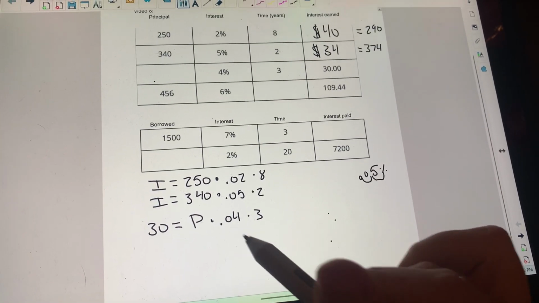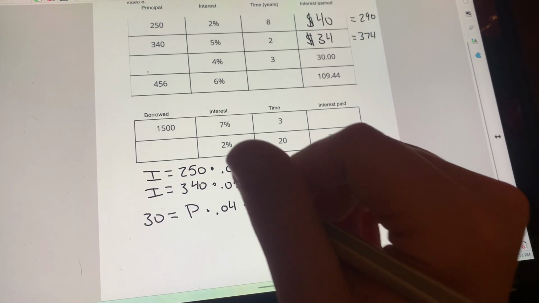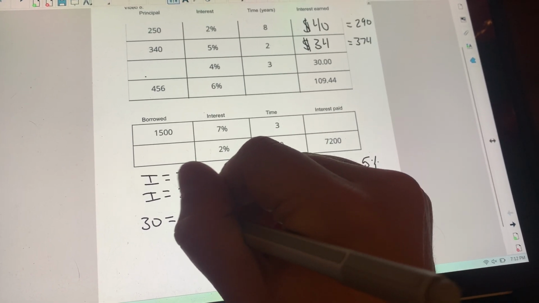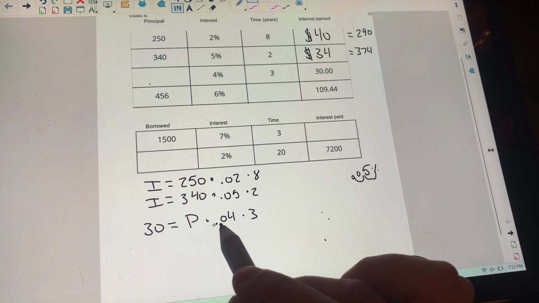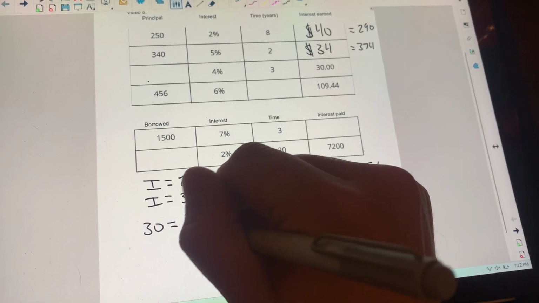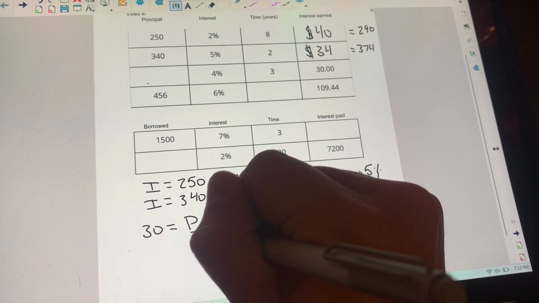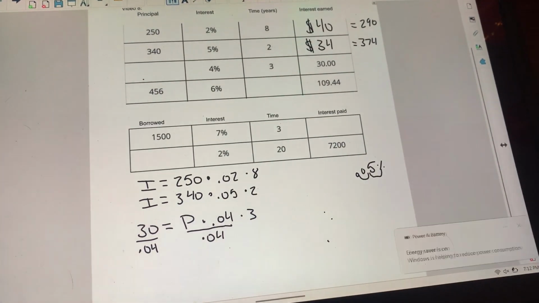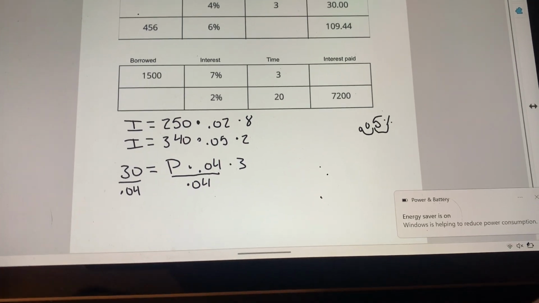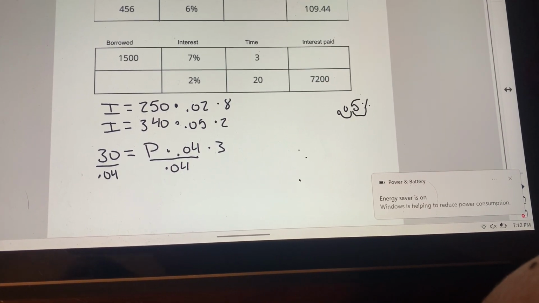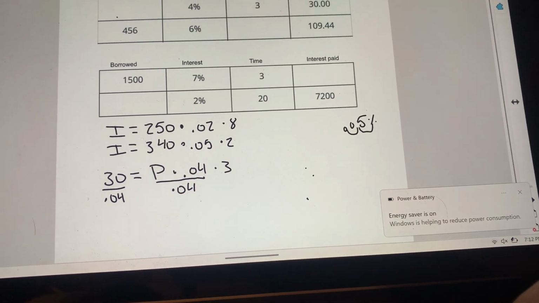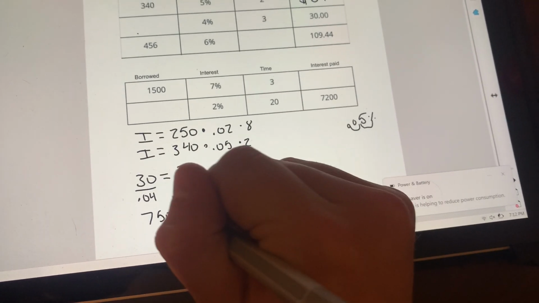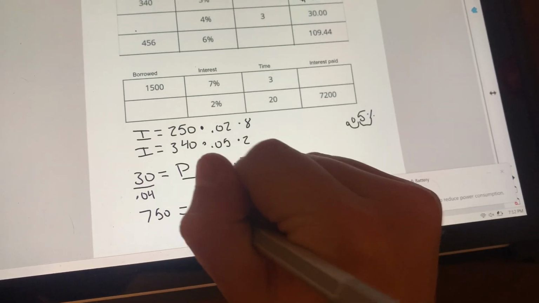Now, to solve this, I need to get P by itself. So for this problem here, whatever's happening between the P and the 0.04, which is multiplication, because it's P times 0.04, I do the opposite of that. So now instead of multiplying by 0.04, I'm going to divide by 0.04 on both sides of the equation. 30 times 0.04 gets me 750 equals P times 3.